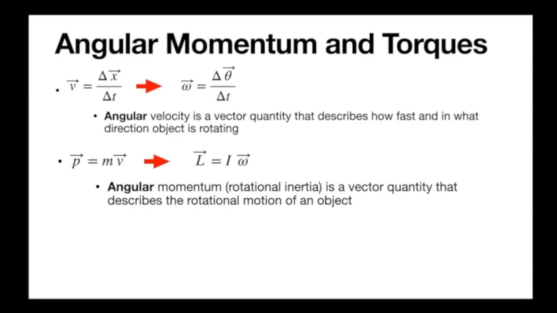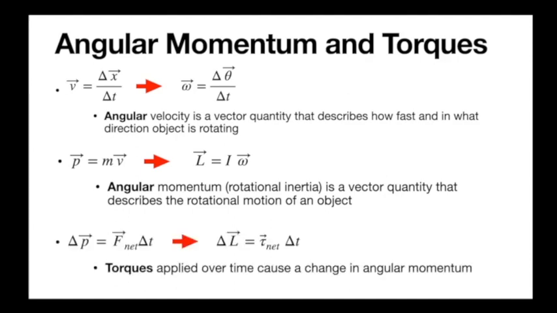We know that a carousel rotating around is going to have more rotational inertia than spinning a pen on your finger. It has to do with not only how much mass, but the arrangement of that mass. As we'll find out, the further away from the center of rotation that mass is, the higher the rotational inertia is. For angular momentum's sake, the faster it's rotating, the higher the angular momentum, and the higher the rotational inertia, the higher the angular momentum. So again, very similar to linear stuff.